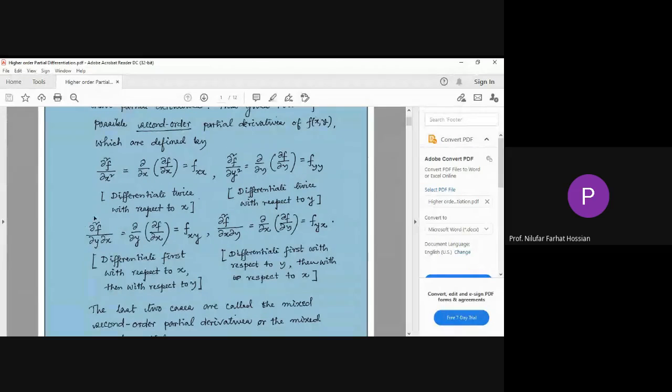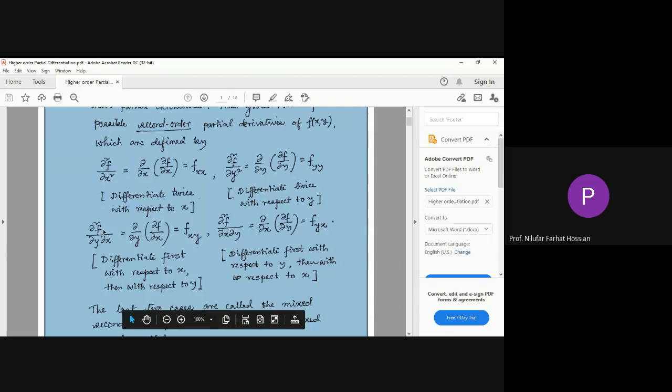If the notation is this, that means at first you have to differentiate with respect to x, then with respect to y. So it will be del y of del f by del x. But when you denote this second order in terms of f, at first it was fx, then with respect to y, so fxy. So here, differentiate first with respect to x, then with respect to y.